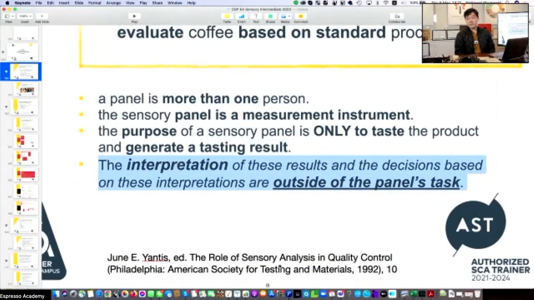We already mentioned that the interpretation of the result is not the panel's job. It is outside the panel task. That means if Mr. Kamson goes to the farm and starts cupping the coffee, if you are the one who cups the coffee, you should not be the one who evaluates. You should not be the one to interpret the coffee because you might have a bias.